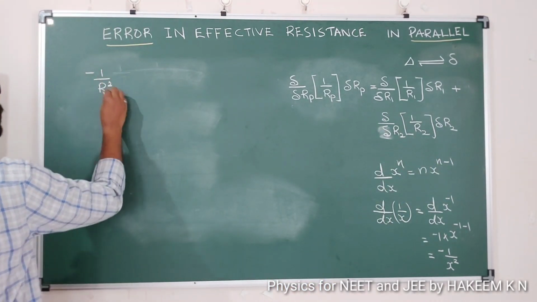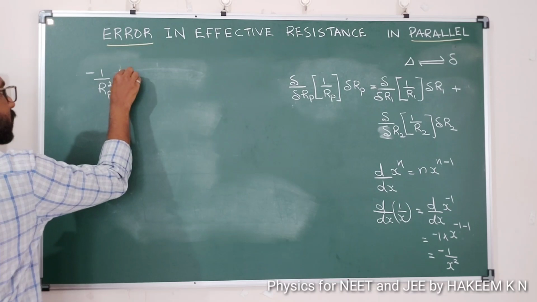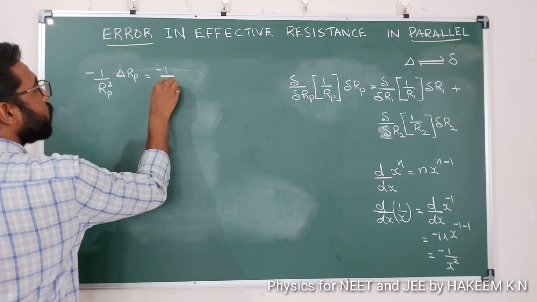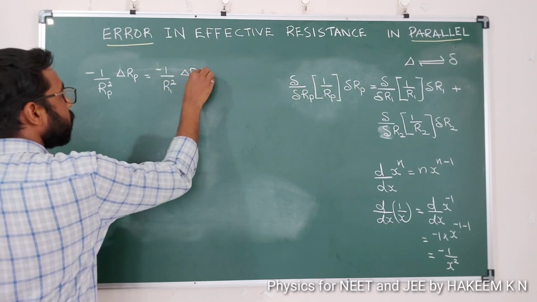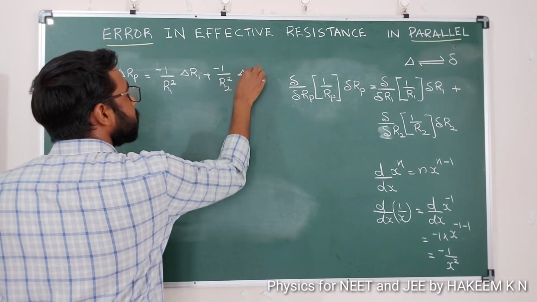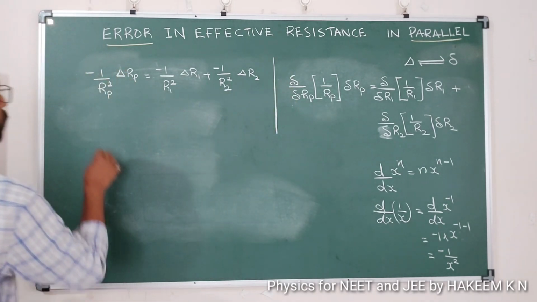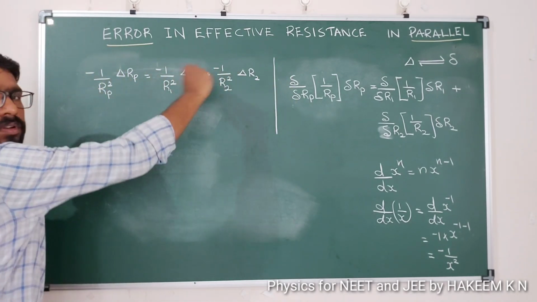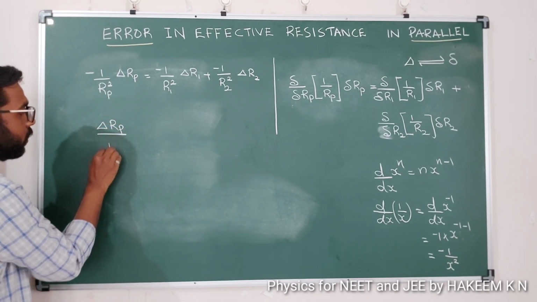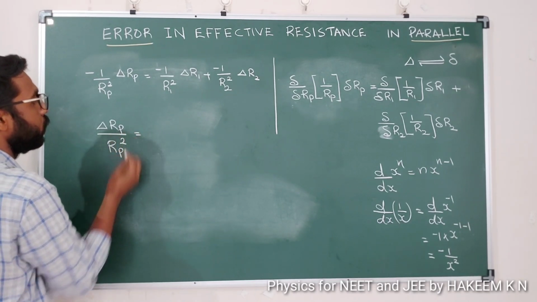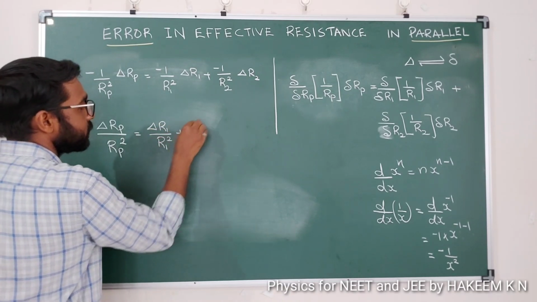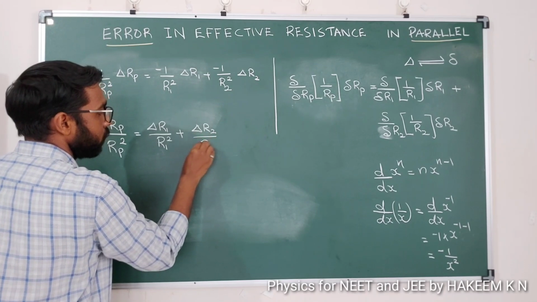So, minus 1 by Rp square into delta Rp equal to minus 1 by R1 square into delta R1 plus minus 1 by R2 square into delta R2. Multiplying with the negative sign, we get delta Rp by Rp square equal to delta R1 by R1 square plus delta R2 by R2 square.